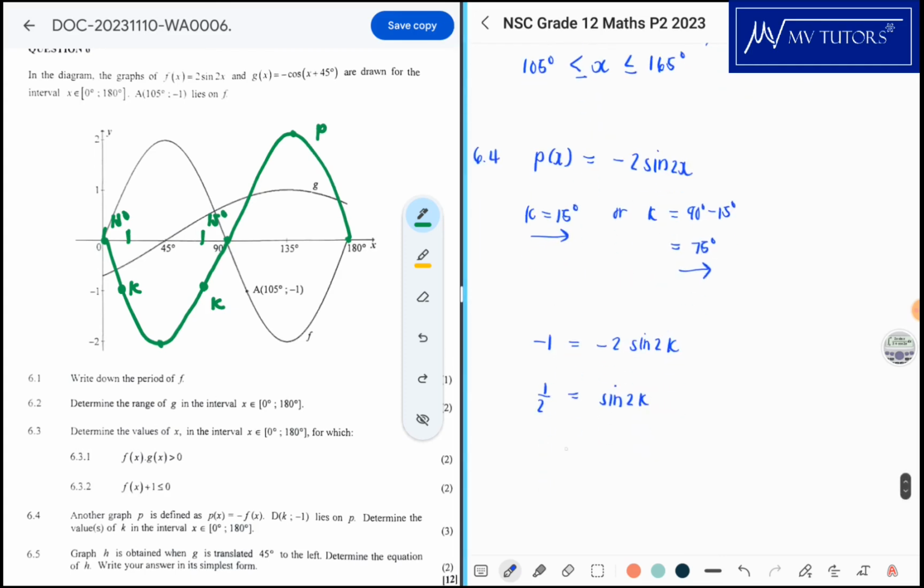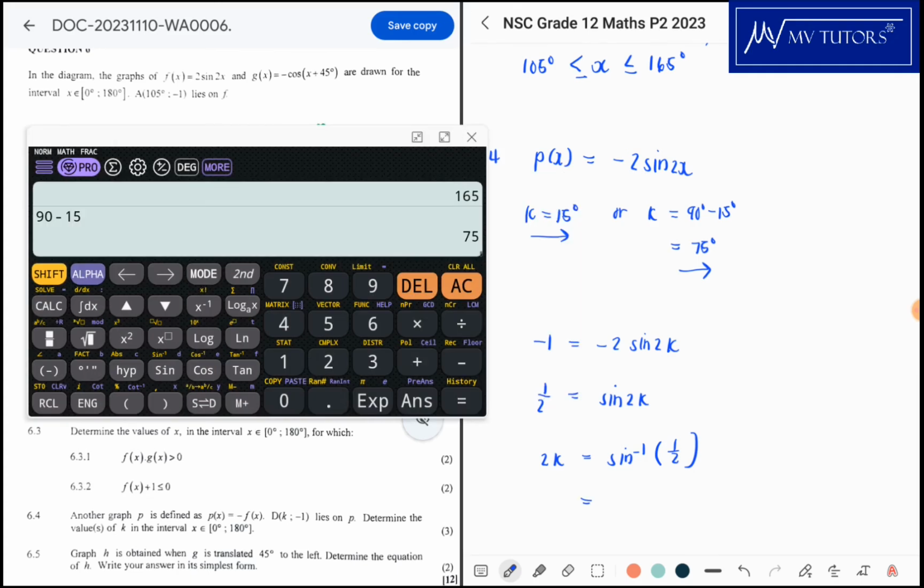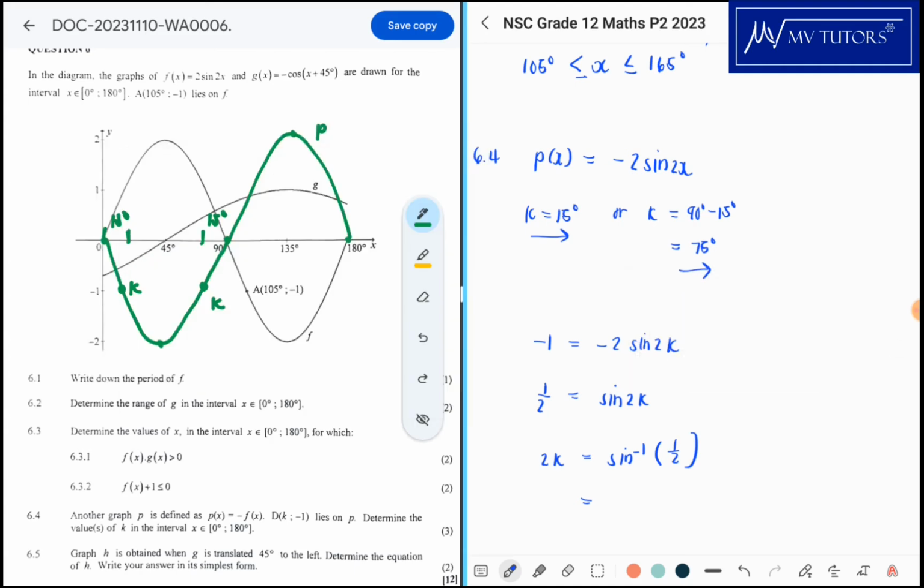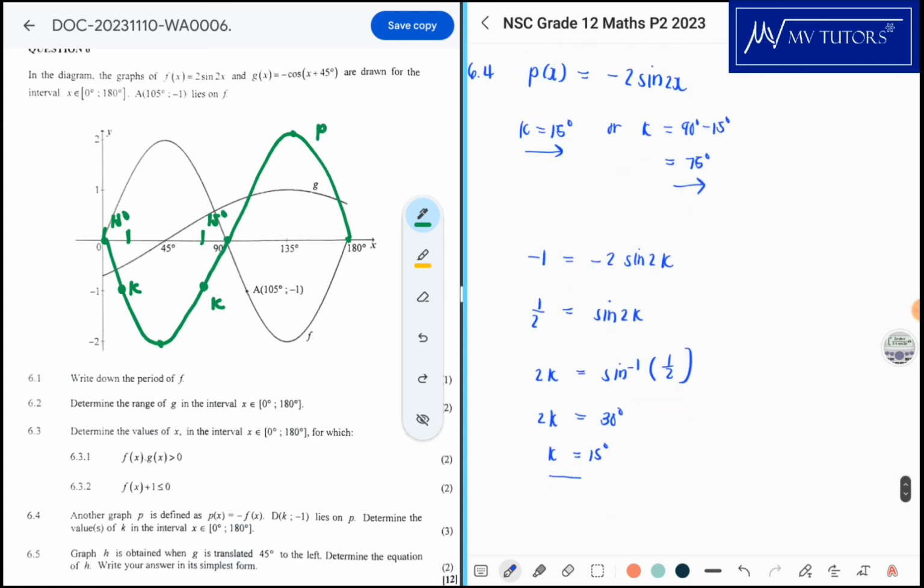So basically you'd say 2k is equal to arc sine a half. And what would be the inverse or shift sine 0.5? That's 30 degrees, and you have 2k, so k would be 15 degrees. But that gives you only one answer.